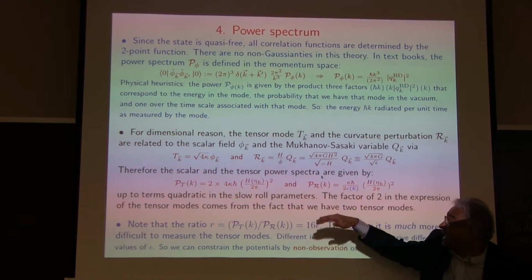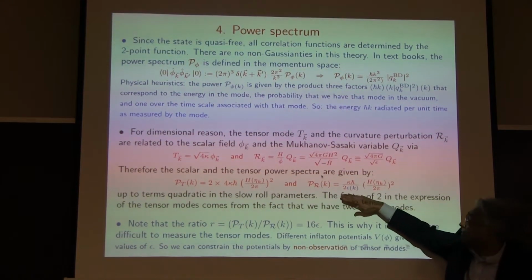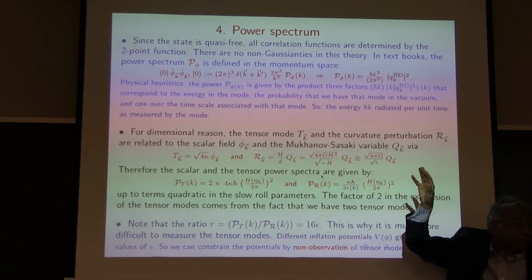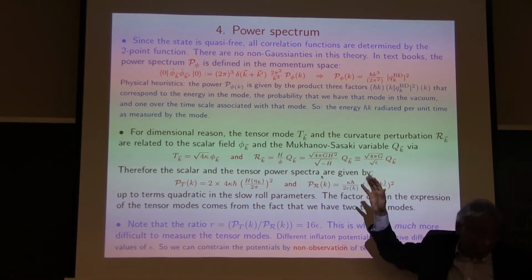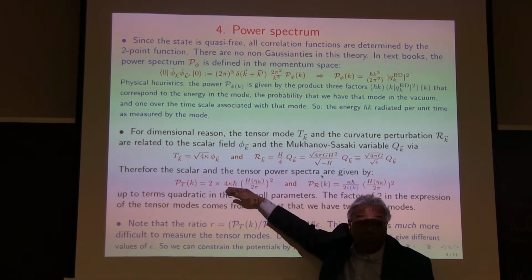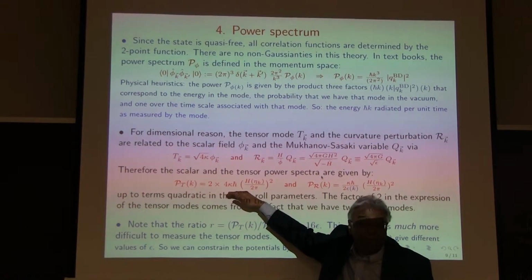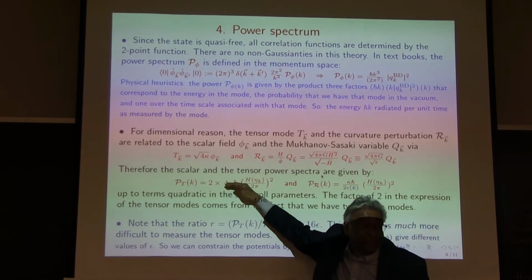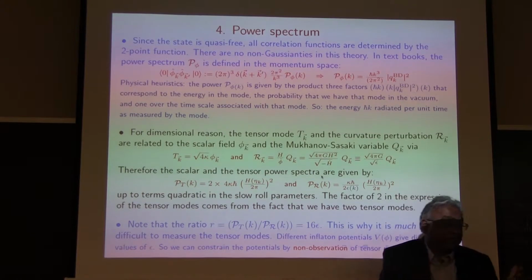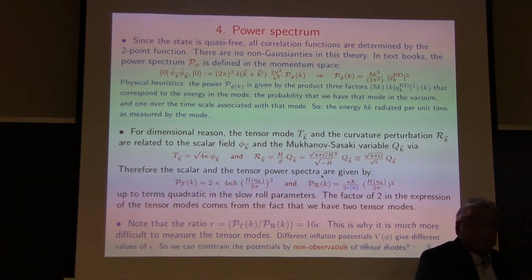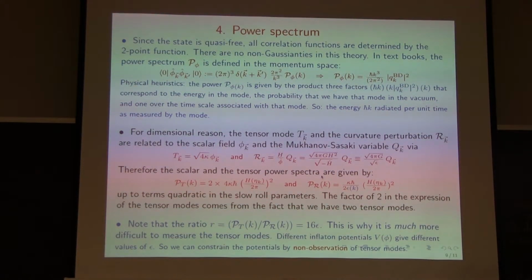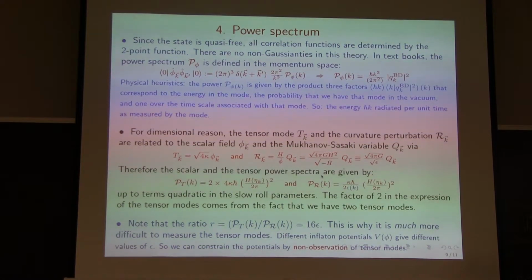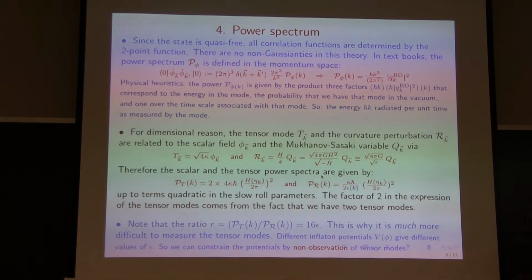And that is why, to the present day accuracy, we can measure the scalar modes without any problem. So far, we have not seen any tensor modes because one needs much more accuracy here, because epsilon is of the order of 10 to the minus 2. The exact number depends on what inflationary potential you're using. But that is what is happening basically.